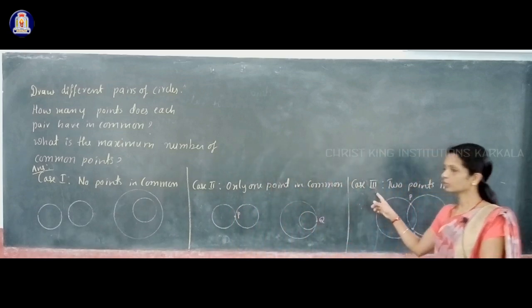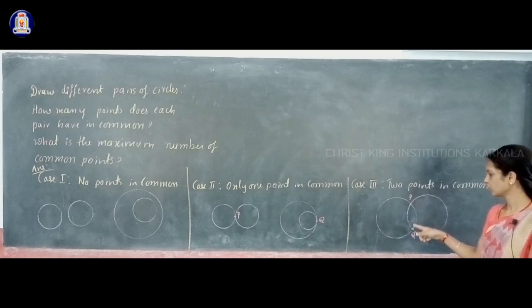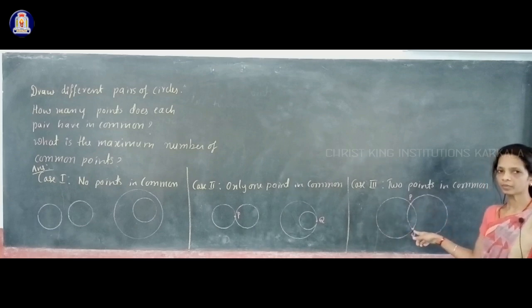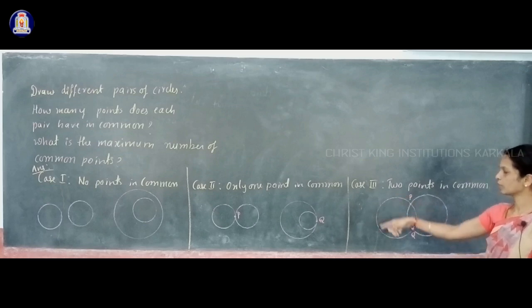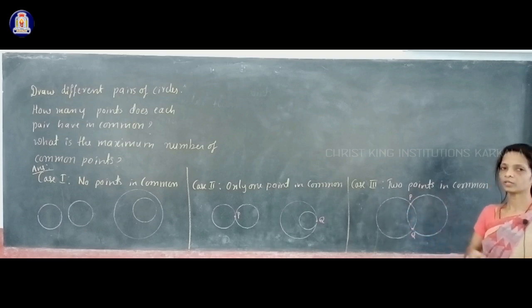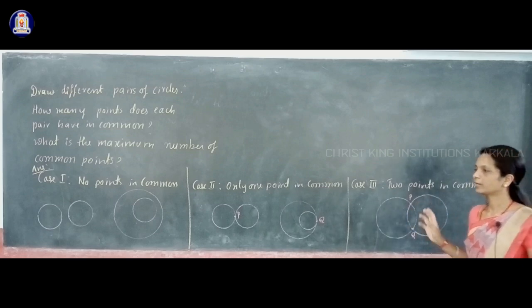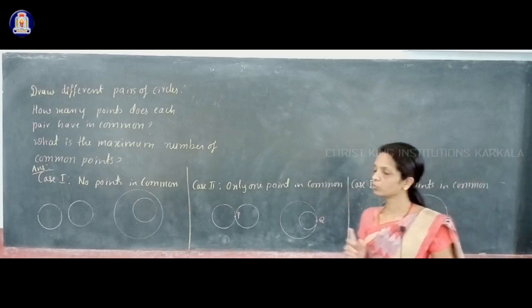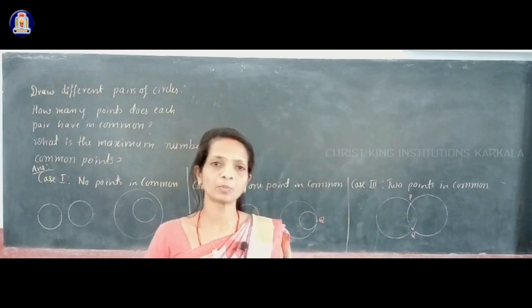The third case is that if you draw 2 circles in this way, then only 2 points are common to these 2 circles. Point P belongs to the left circle as well as the right circle, and point Q also belongs to both. So there are 2 points in common, and you cannot draw 2 circles with more than 2 points in common.